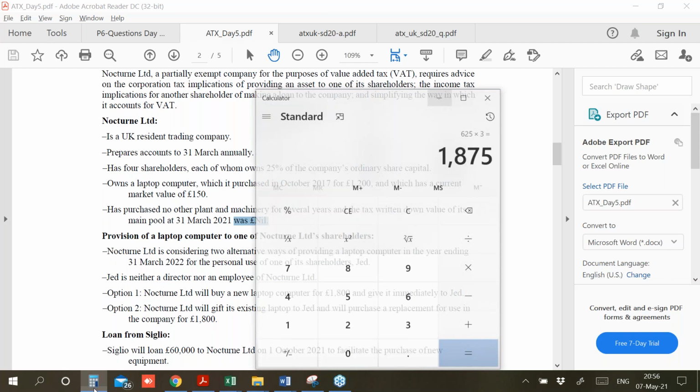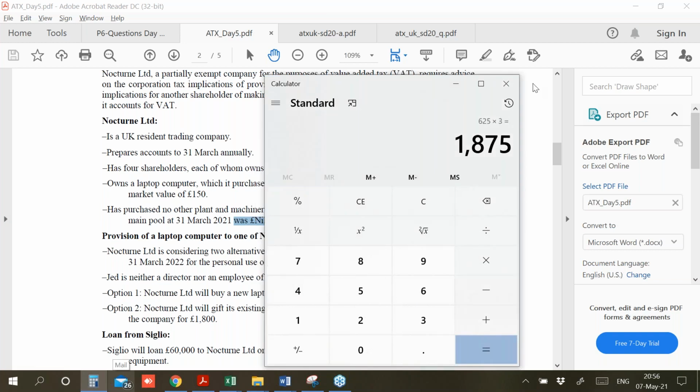So the net effect will be 1800 less 150, that is 1650. And on 1650, the company will be making 19% tax savings. That is 314. So 314 will be the company's savings.